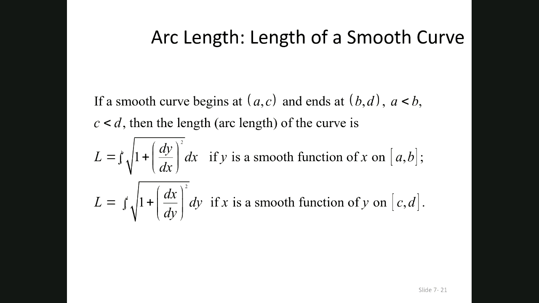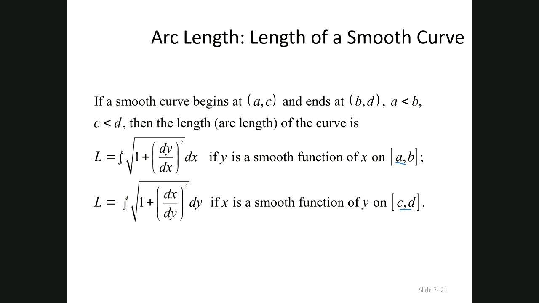It says if a smooth curve begins at A, C and ends at B, D, then the arc length is given by the integral of the square root of 1 plus (dy/dx) squared. Okay, and that's if it's A to B and C to D. Our intervals just change.